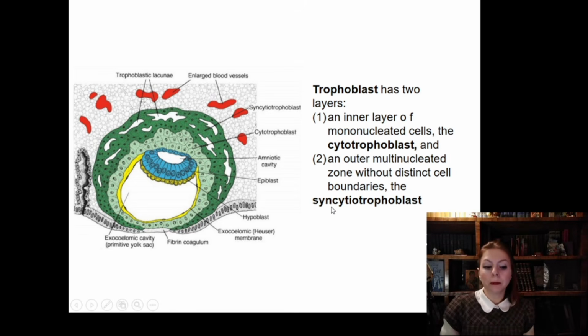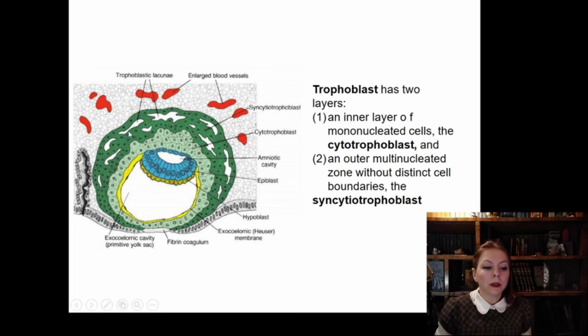What does it mean: syn means common, cytio again cells, trophos again nutrition, and blast means that they divide. So syncytio means that cells are fused, opposite to the cytotrophoblast, where the cells have their borders, and with the lines you can see that the cells are separated, they are distinct. And in the syncytiotrophoblast, the cells fuse one with another with the formation of a syncytium.